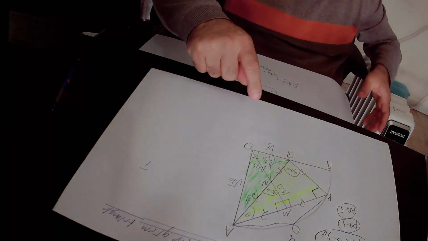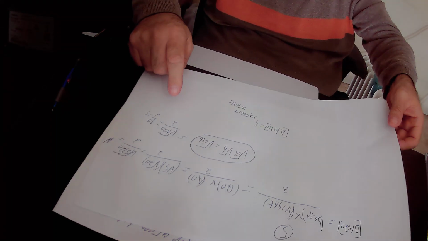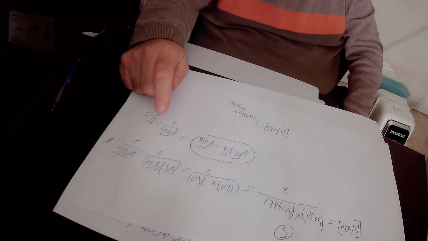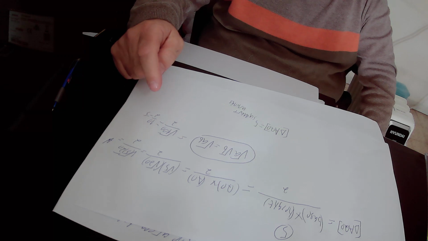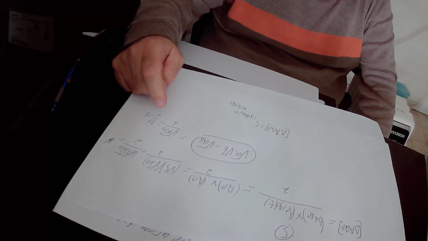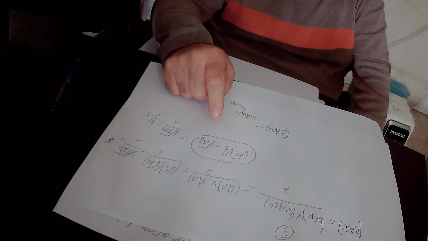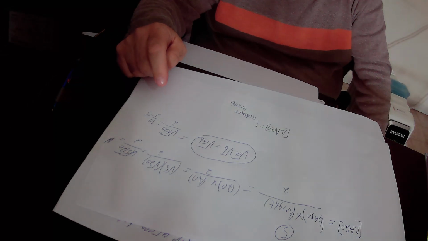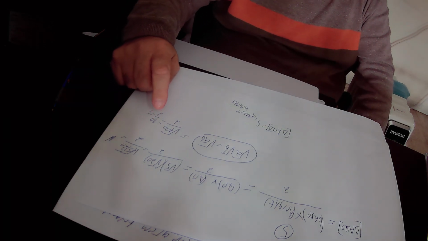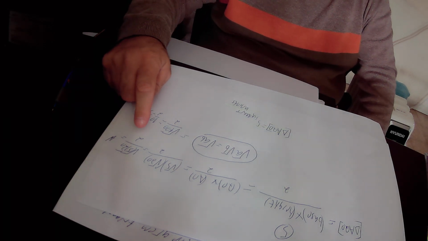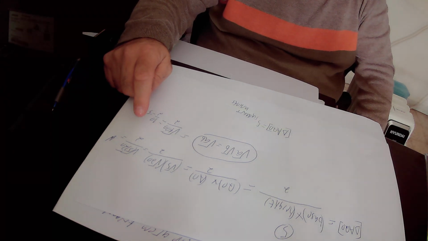QO equals the square root of 5 units. AO equals the square root of 20 units. Okay? So QO is square root of 5 units, AO is square root of 20 units, over 2. We have the algebraic identity that the square root of A times square root of B equals the square root of A times B. Therefore, the square root of 5 times square root of 20 equals the square root of 5 times 20, over 2. 5 times 20 is 100.